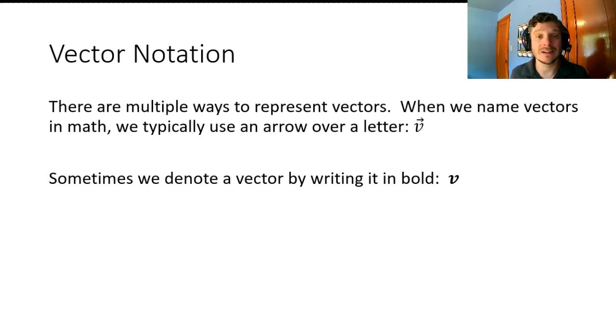I would typically not recommend doing bold because it's very hard to write in bold. It's much easier to put that little arrow over top so you don't get confused. But you'll also notice that in most of the context we're going to be using with programming languages, we're going to define our vector as some sort of variable name in our code. This is, again, a very mathematical way of doing it.